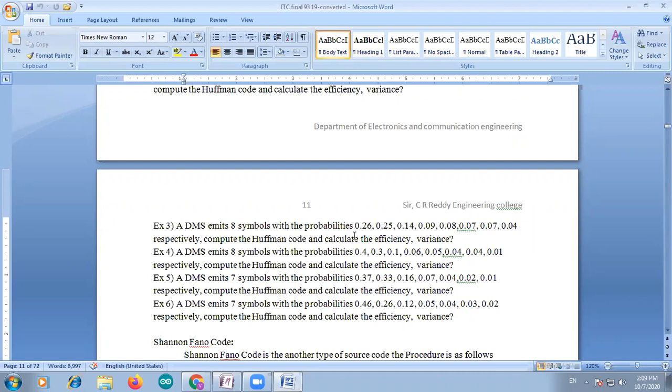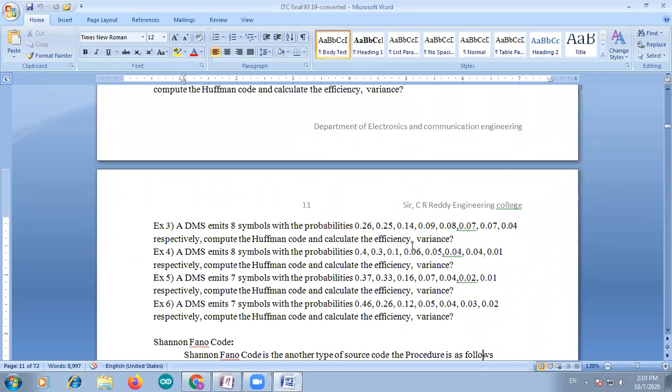Once again, repeat the probabilities: 0.26, 0.25, 0.14, 0.09, 0.08, 0.07, 0.07, 0.04. The sum of all the probabilities should be equal to 1. That is the basic principle of probabilities: sigma pi is equal to 1. So these are 8 probabilities.